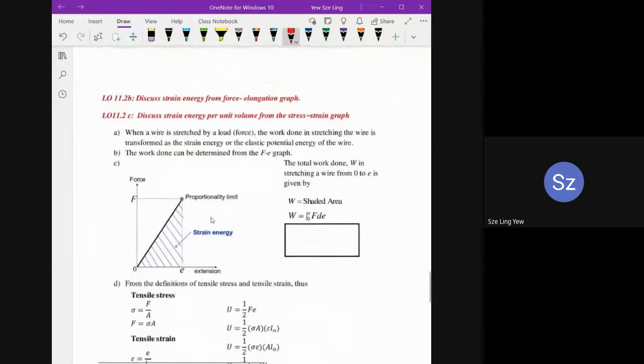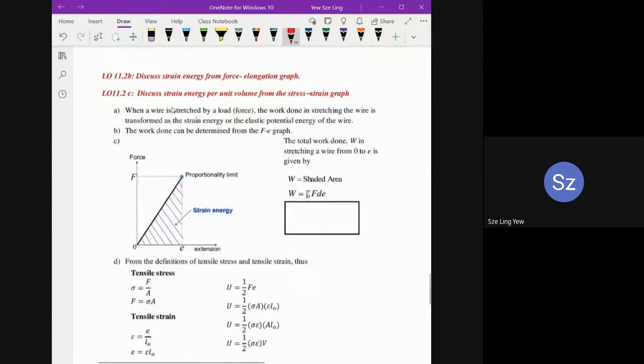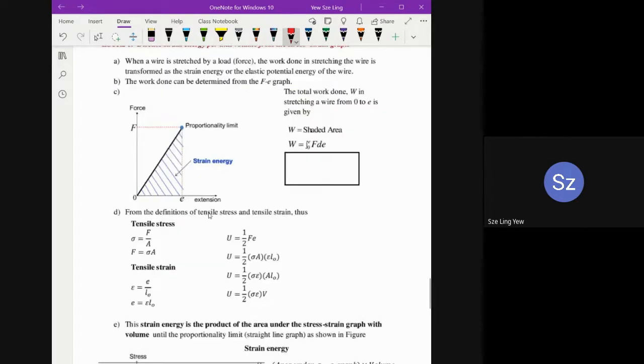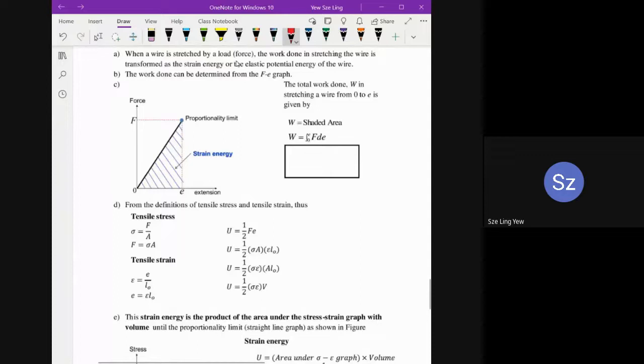So the next thing that we're going to discuss is the strain energy from the force-elongation graph. We discuss the strain energy per unit volume from a stress against strain graph. We want to derive two equations in this subtopic. When a wire is stretched by a load, the work done in stretching the wire is transformed into strain energy, or we say elastic potential energy of the wire.